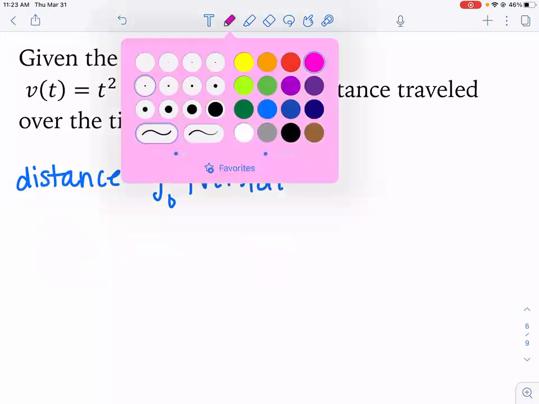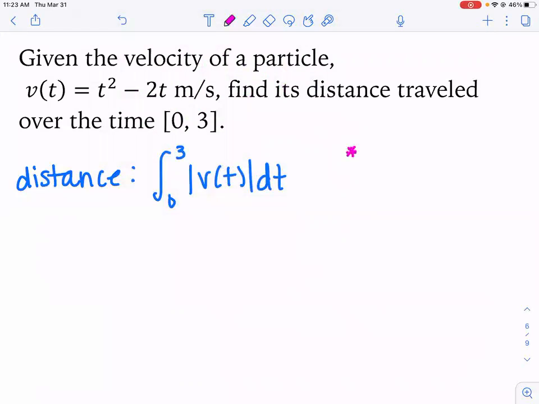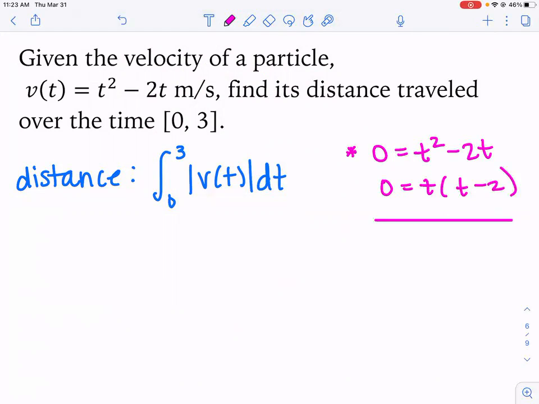So, side note, when is our velocity 0? From 0 to 2, our velocity would be negative, and then after 2, it's positive.